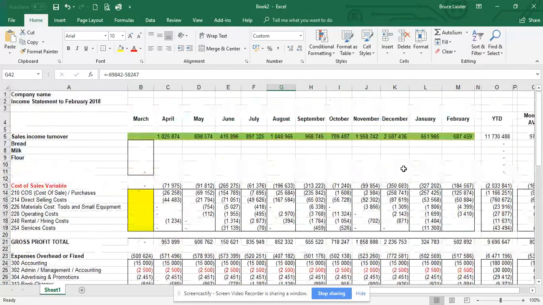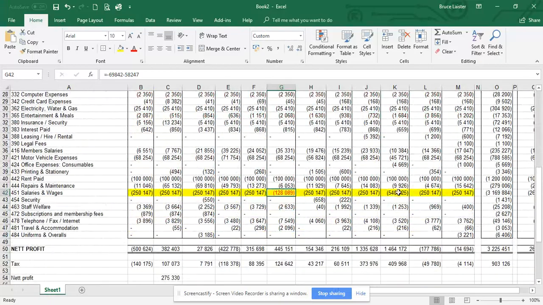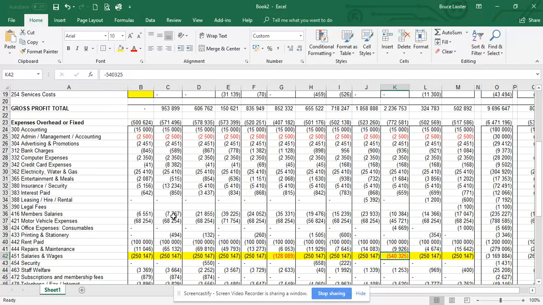They also, in December, another variation can be bonuses. So this company pays out a lot of bonuses. Actually, all the staff get it, and it's reflected in that major jump. So the rest of them are within a certain band of amounts, pretty much the same. You see, rent is another classic example of not changing at all.